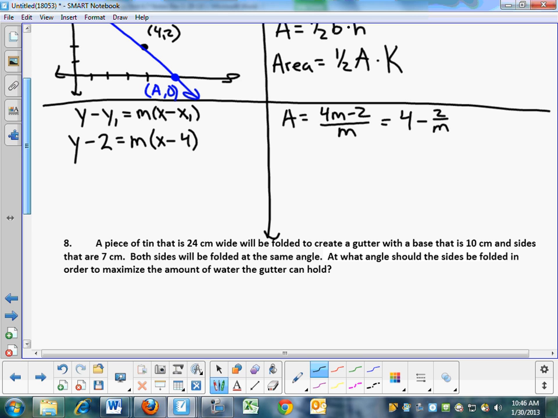Now this time we're going to be solving for K. Good. K minus 2 equals m times (0 minus 4), or negative 4m. Whoever said that, you're absolutely right. You're a genius. Because 0 minus 4 is negative 4m. Add the 2 to both sides. K is equal to negative 4m plus 2.